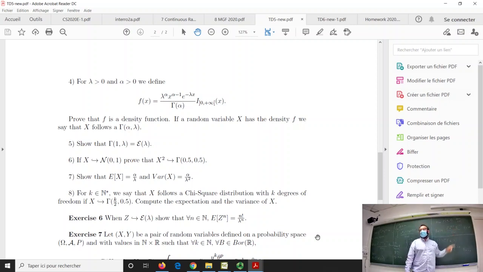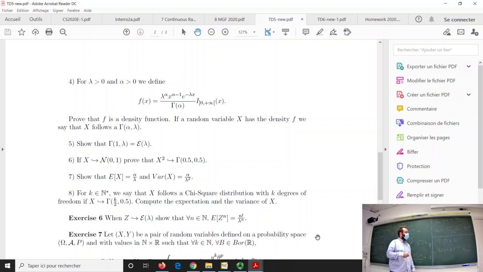And below I have Gamma of 1. And what is Gamma of 1? It's 1. Okay, so it's finished. And here you see exactly the density function of an exponential of parameter lambda. So I recognize that taking alpha equal to 1, I recover the density function of an exponential of parameter lambda. So typically, what is the expectation of a gamma(1, lambda)? It's 1 over lambda.